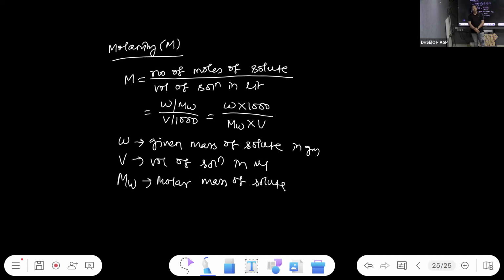So we have to go for another concentration unit which must be independent of temperature. That is none other than the next concentration unit, molality. So how to define molality?